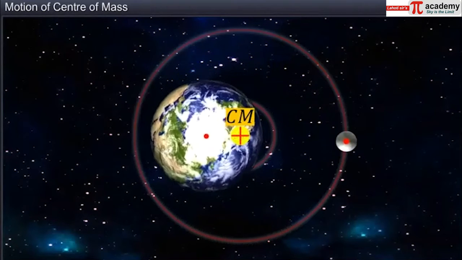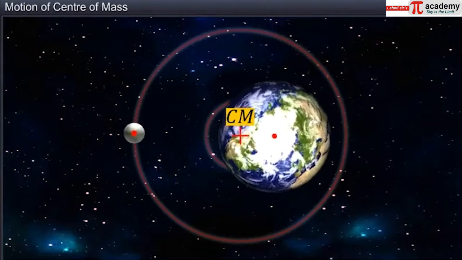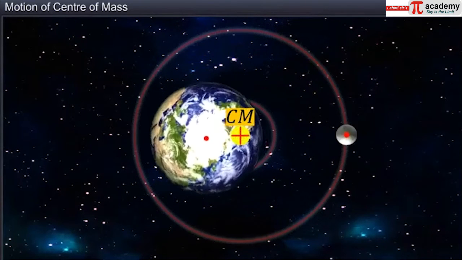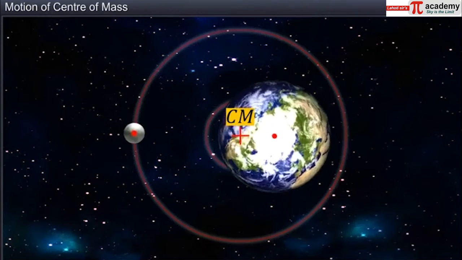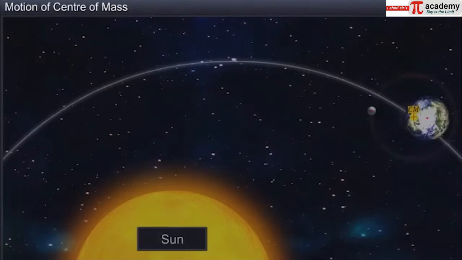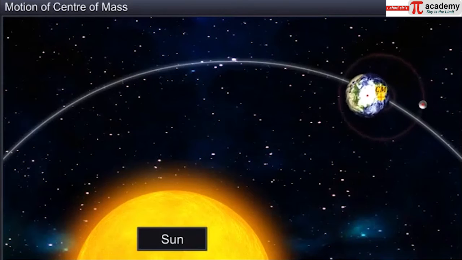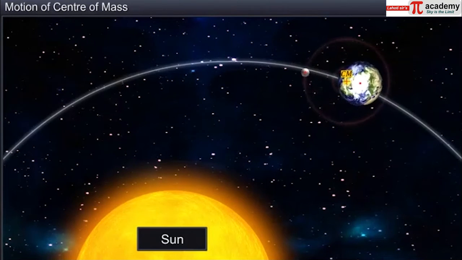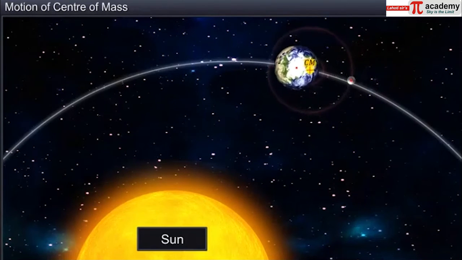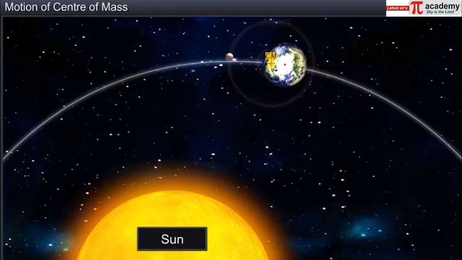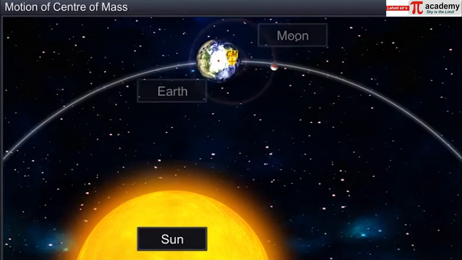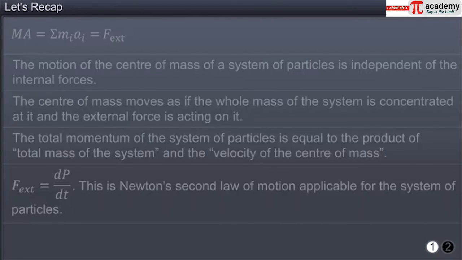As the moon revolves around the earth, the earth will also have the motion as shown to keep their center of mass fixed. When the motion of this system is influenced by the sun's attraction, the center of mass of this system will have pure translational motion.